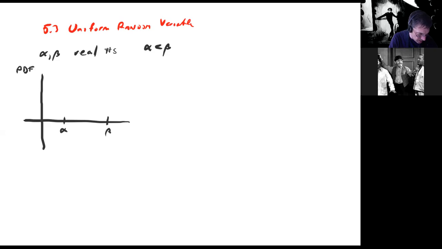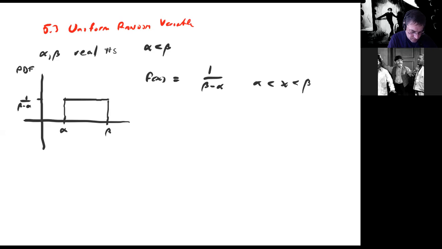And now we're going to look at a rectangle of area 1, because it's got to be a PDF. That means that the height has to be 1 over beta minus alpha. So that tells us that f of x must be 1 over beta minus alpha if x is between alpha and beta, and 0 otherwise.